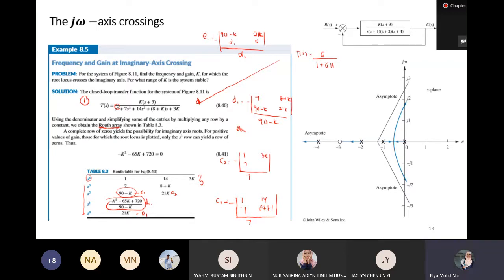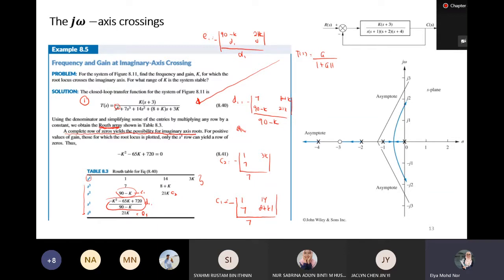When you have done that, a complete row of zeros gives the possibility of imaginary axis roots. So your chapter 6 must be strong. In chapter 6 we know that if we have a complete row of zeros, it gives the possibility of imaginary axis roots. So we are getting a complete row of zeros.